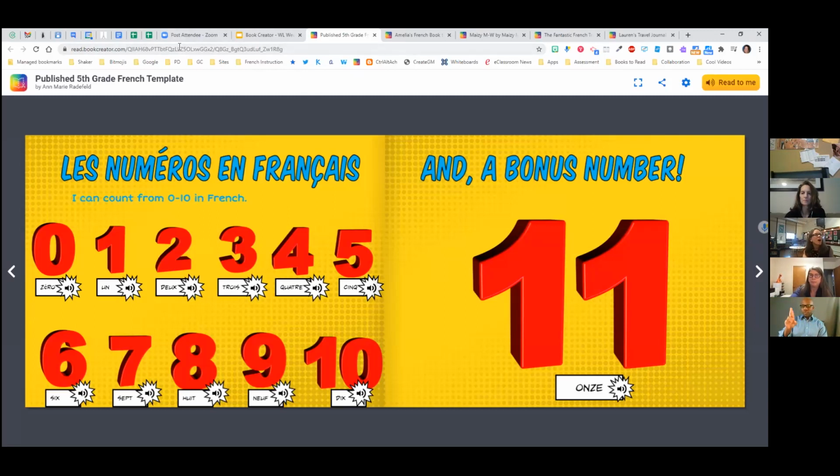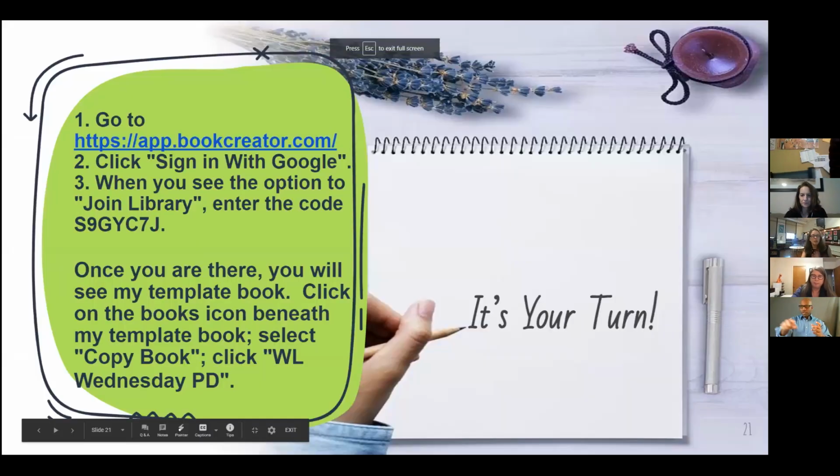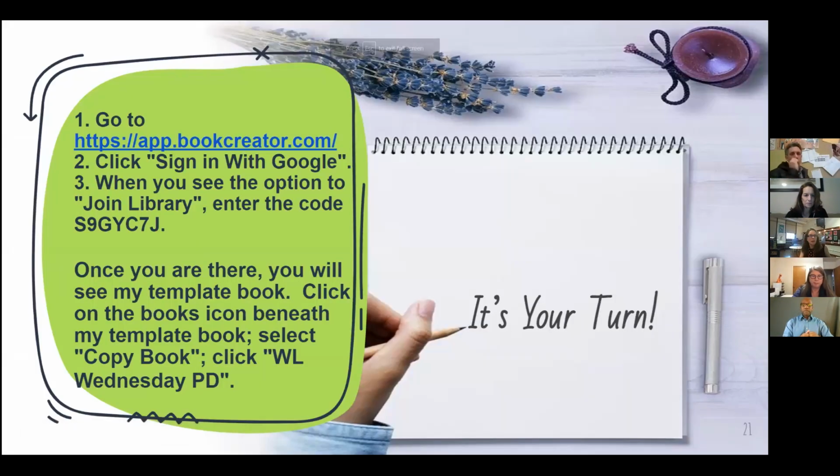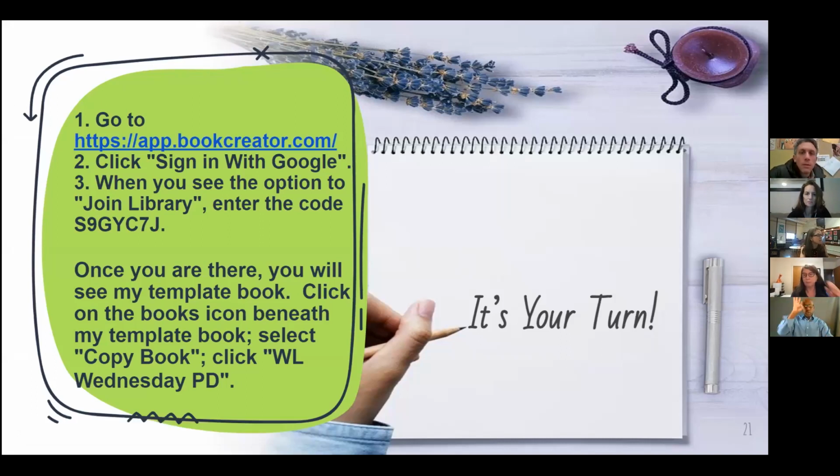Okay, good. All right. I want you to have a chance to work on it. So I have actually created a library, and I want you to go to app.bookcreator.com, and you're going to see something that says sign in with Google. And I'm going to try to get to it on my screen because I want to see you working on it.